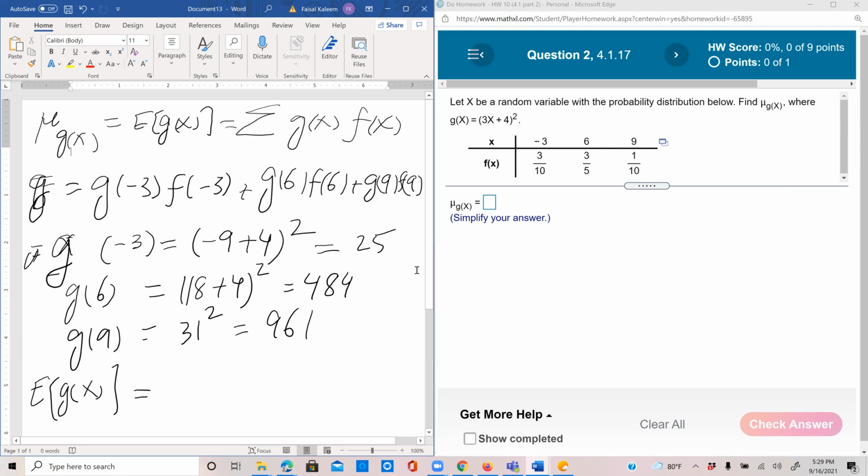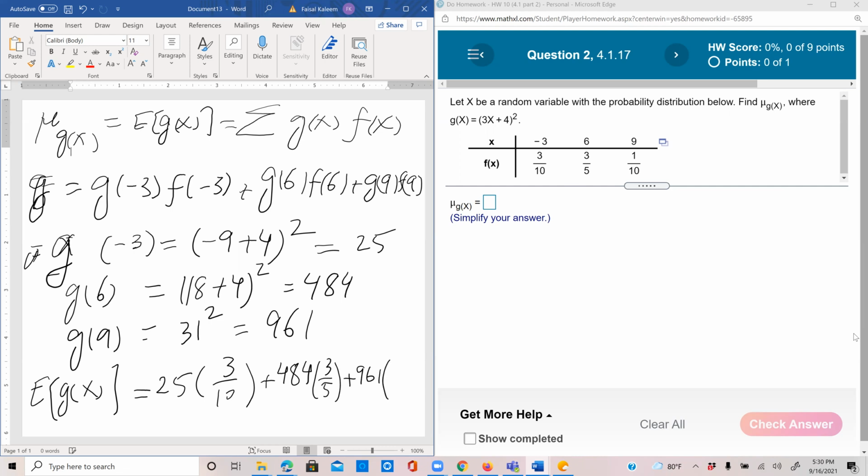So therefore, E of g(x) is g(-3) f(-3), so 25 times 3/10, because f(-3) was 3/10, plus 484, g(6), times f(6). g(6) is 484, f(6) is 3/5. And then plus 961 times f(9).